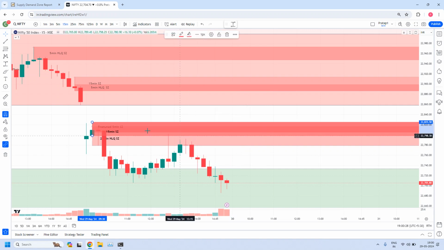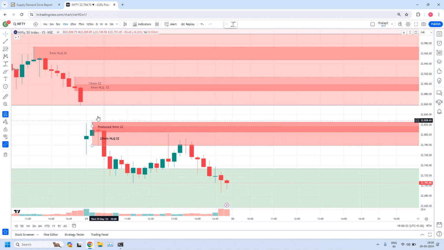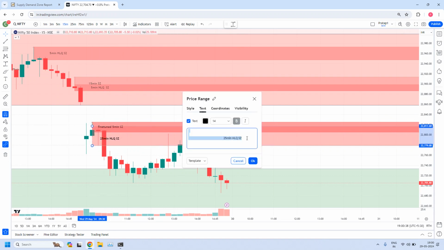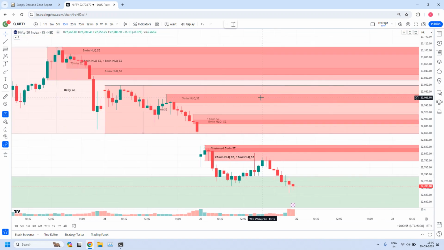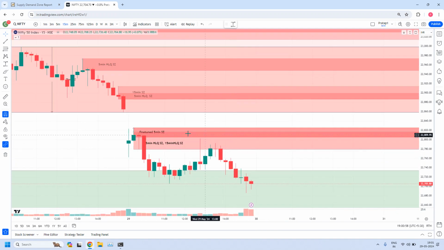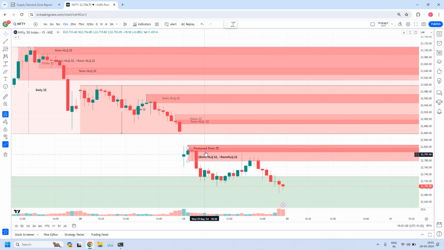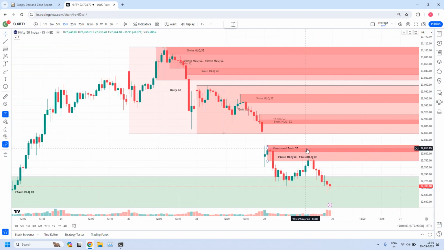So what I do is write 25 minutes HLQ supply zone, comma, 15 minutes. So this is the way. Let me add the text so that there won't be any confusion. Today we got 2 trades from this zone, short trades.